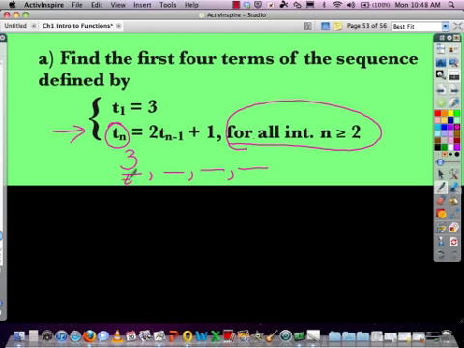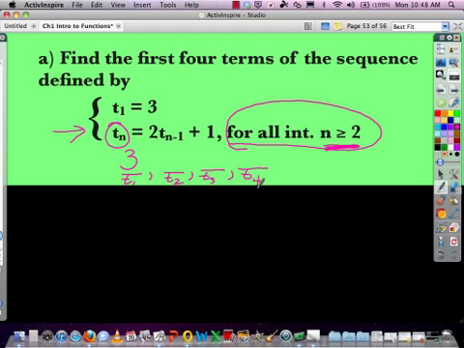So if this was T sub 1, I know this second line will calculate, because of this statement, the second term, the third term, the fourth term, the fifth term, the sixth term, the 88th term, the 112th term, any other terms that are in my sequence. That line will help me calculate. Okay, so I can do that. So if that second line is going to help me calculate all those others, then I should be able to get to the first 4, which is what we're asked for. So I know I have a first term of 3.